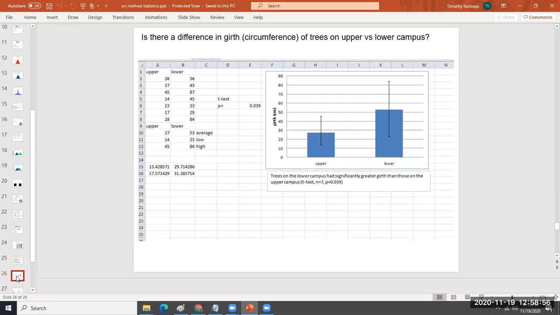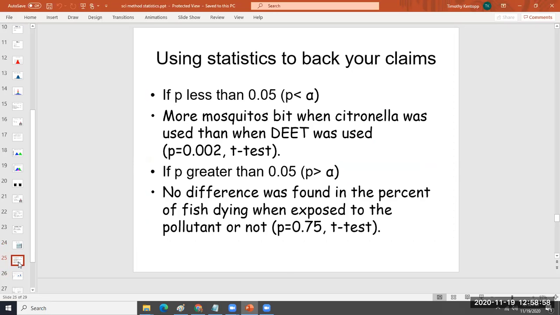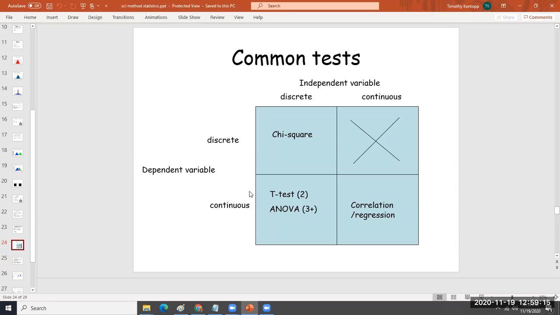One of the examples that he used in a previous presentation was whether the circumference of the trees is greater on the upper campus than the lower campus. So he had a scientific study where he said, let's compare the girth or the circumference of the trees, how thick the trees are.